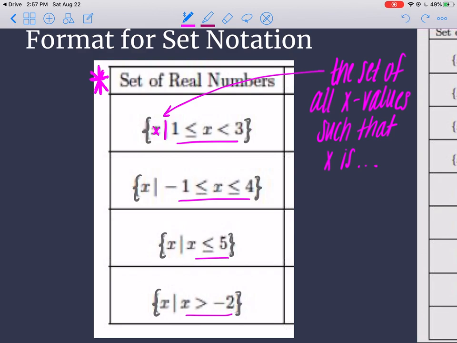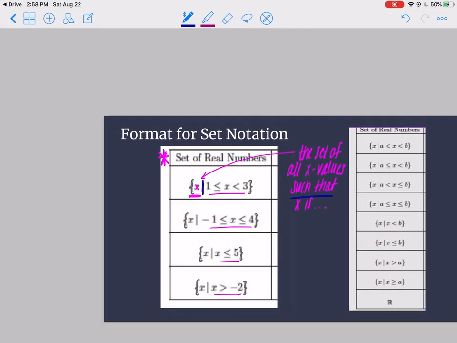Okay, so the set of all x, that's the bracket and the x right there, such that is this line. So such that is the line. And that's a little bit hard to see in blue. Okay, so that's all that the curly brackets and the line mean.